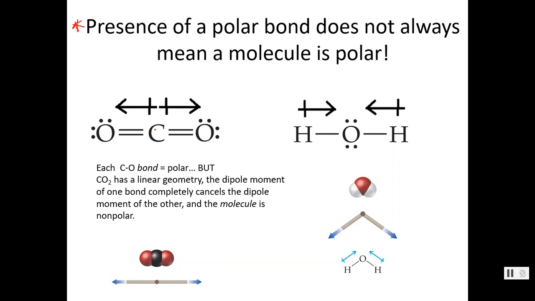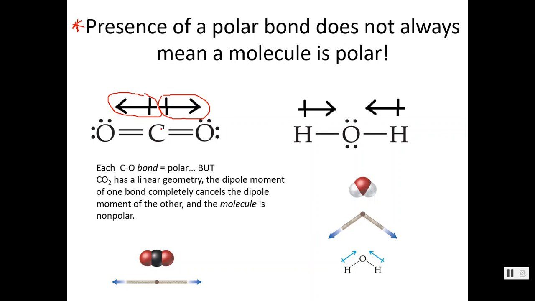Let's look at CO2 and H2O. I have the Lewis dot structures here for each. And for both, I have shown the polarity or the difference in electronegativity with these arrows, with these dipoles, kind of like what we talked about in the last video. Those dipoles point from the atom that is least electronegative to the most electronegative atom.